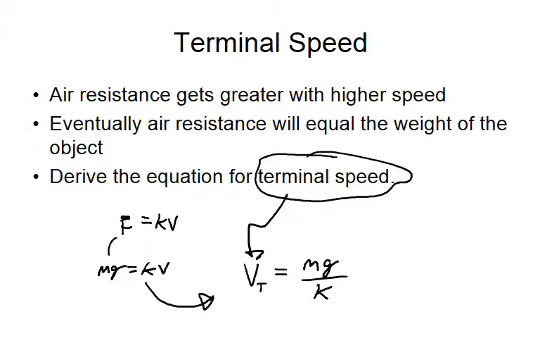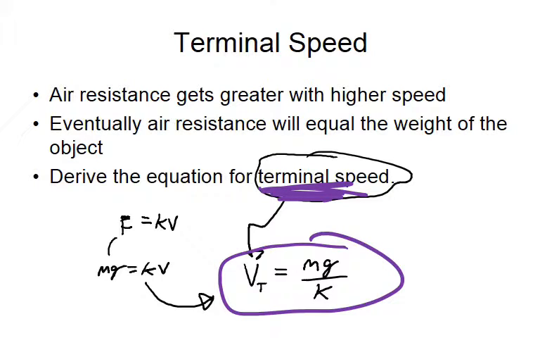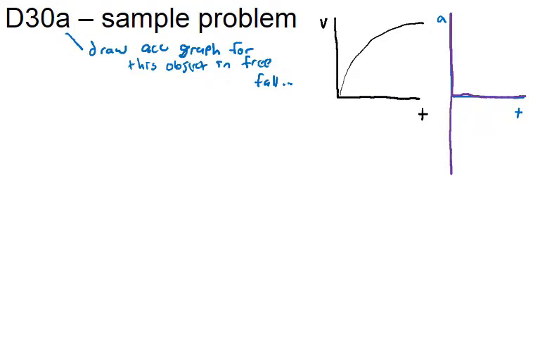So we can manipulate our equation so the terminal velocity is equal to mg divided by k. So a pretty simple equation to use to evaluate this, but nevertheless important.